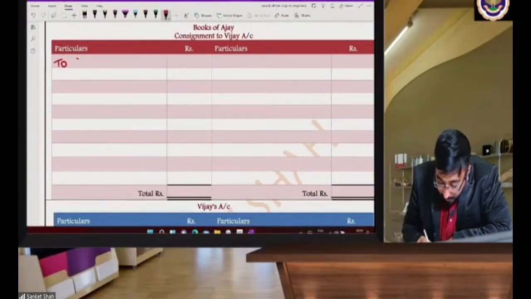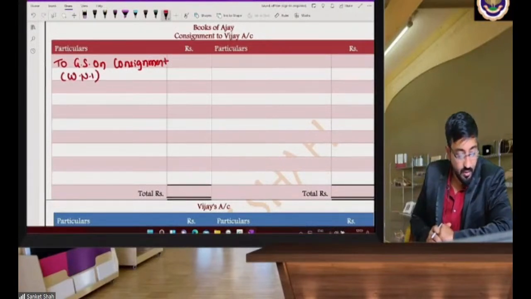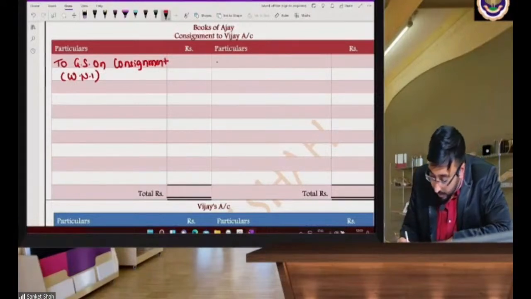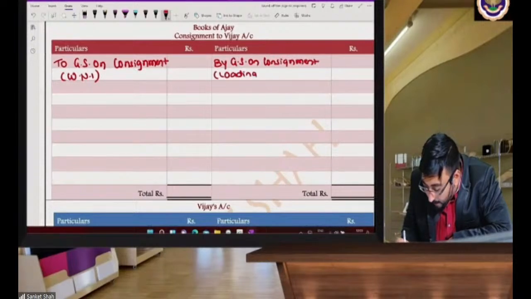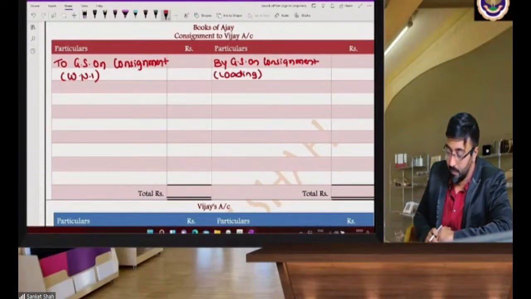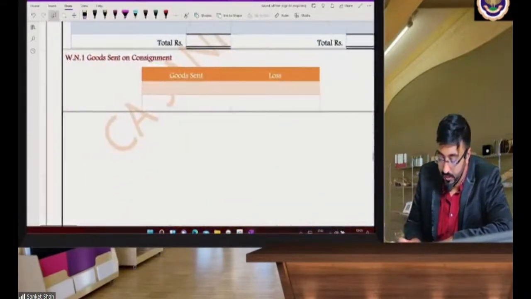Write down, red pen. To goods sent on consignment. It's not given directly. Working note number 1. And on the opposite side, goods sent on consignment, loading. So working note 1, goods sent on consignment.